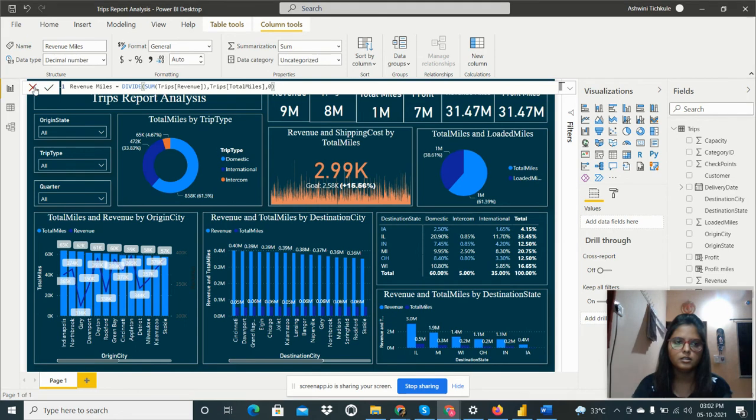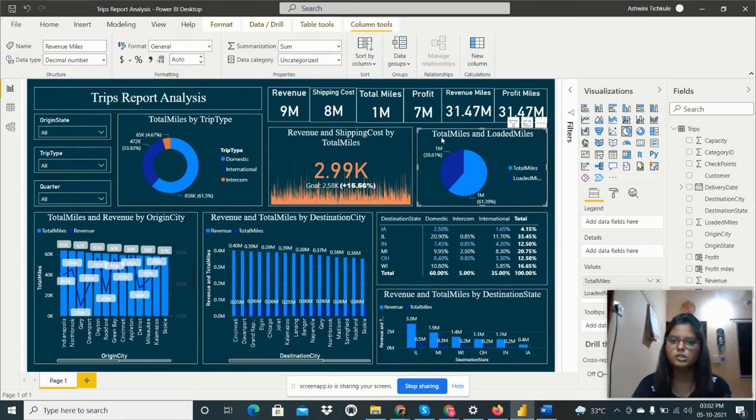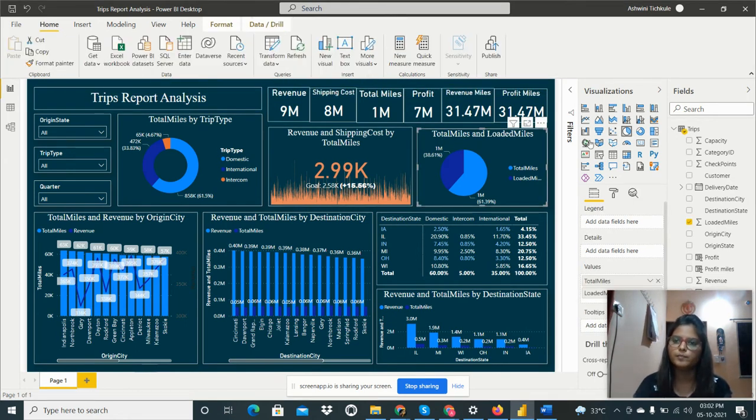Then we can see the total miles and the loaded miles. I have shown that in the pie chart. The total miles is 1 million. So it is 61.39 percent, and the loaded miles is 38.61 percent. Okay.